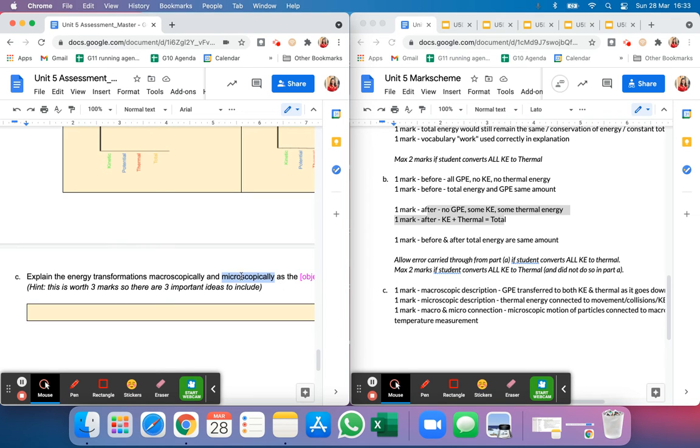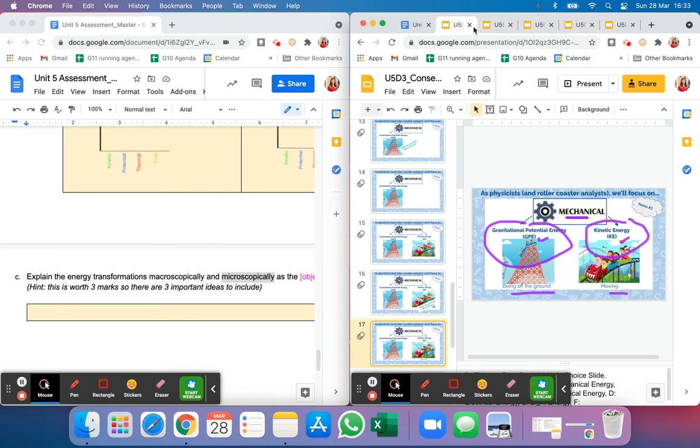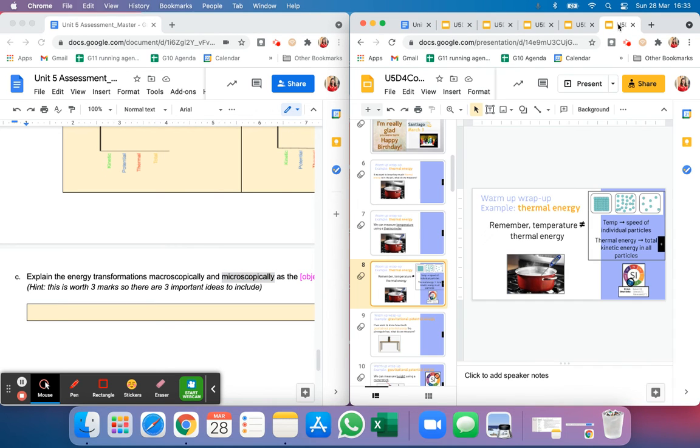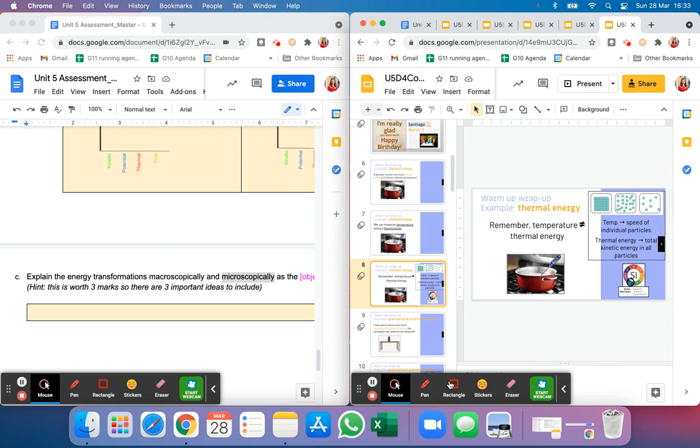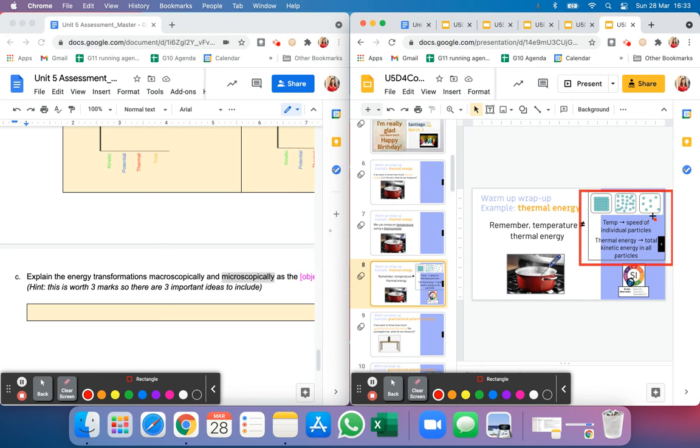We did. So thermal energy, we know what happens with thermal energy microscopically. And we even reminded you about that in this warm-up on Unit 5, Day 4. We reminded you all about thermal energy. So the microscopic energy transformations that are taking place: as you get more thermal energy, you also get individual particles, or molecules and atoms, speeding up.